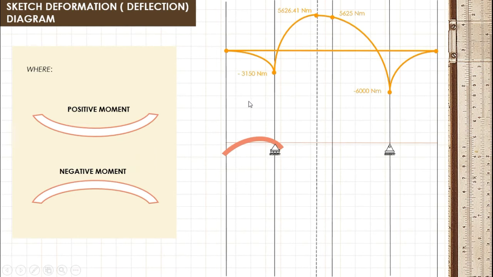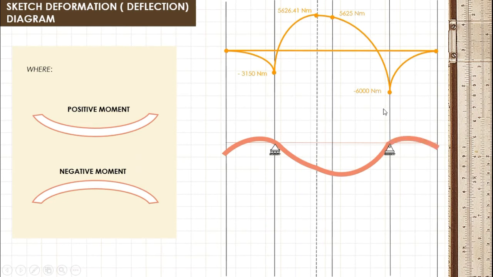For our span B to C, we have a positive moment, so our bending moment is concave upward like smiling. Our span C to D has positive moment, so our bending moment also is concave upward like smiling. Our span DE has negative moment, so our bending moment is concave downward like frowning.